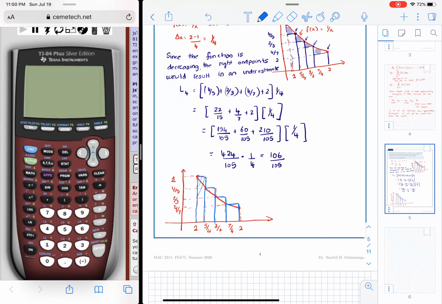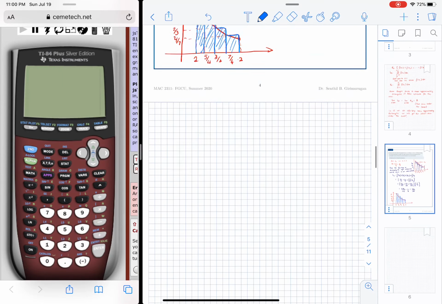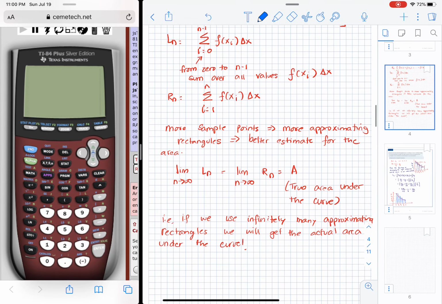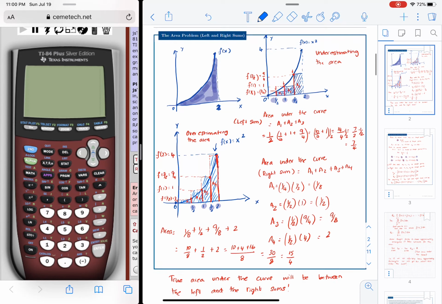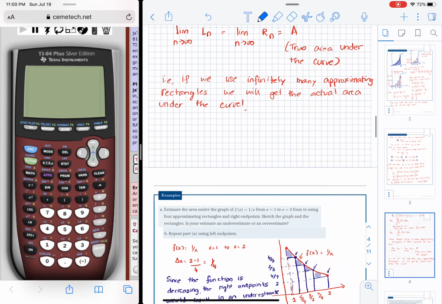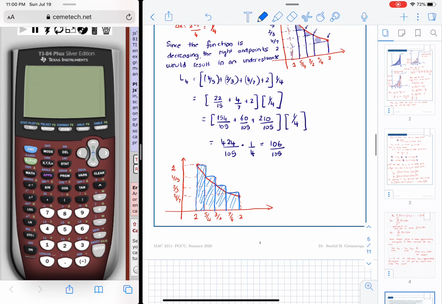And you can see we are going to overestimate the area because the rectangles exceed the curve. And it is in direct contrast to what we did here, because the function is increasing in that example, and it is decreasing in this example.